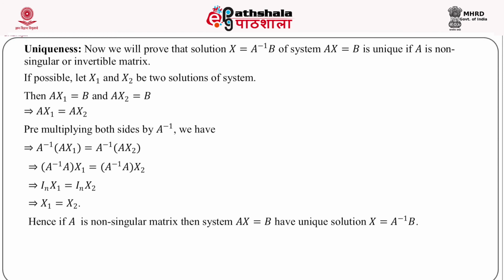Pre-multiplying both sides by A inverse, we have this result, and we know that matrix multiplication is associative, so we can find this result. So, this will give x1 is equal to x2. Hence, if A is a non-singular matrix, then the system Ax equal to B has a unique solution which is given by this relation.